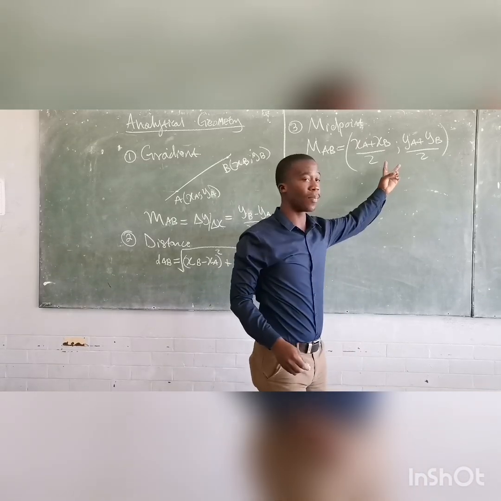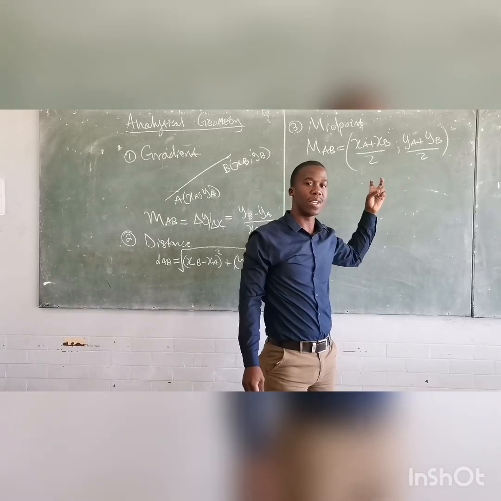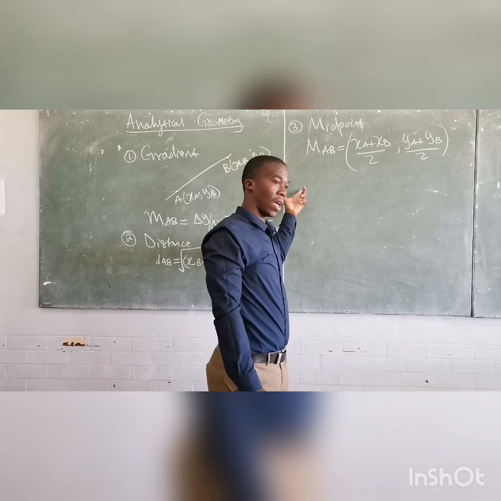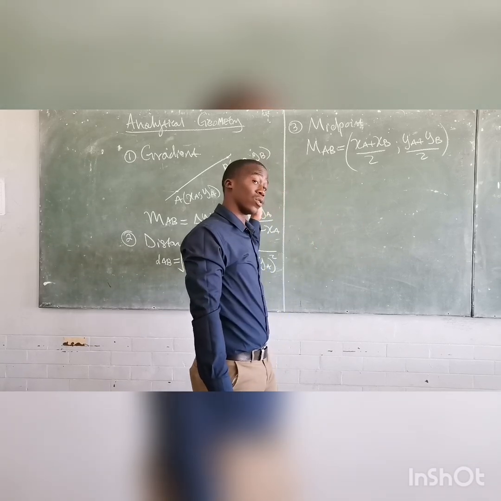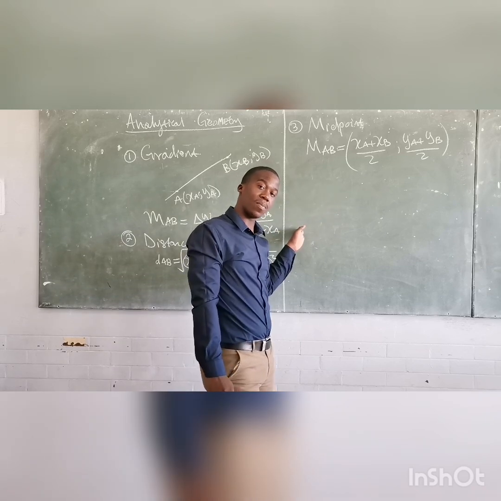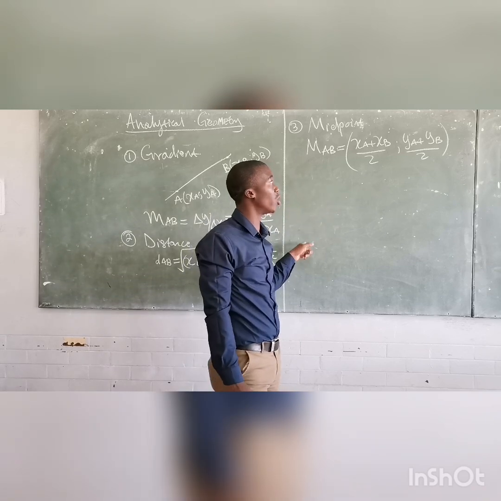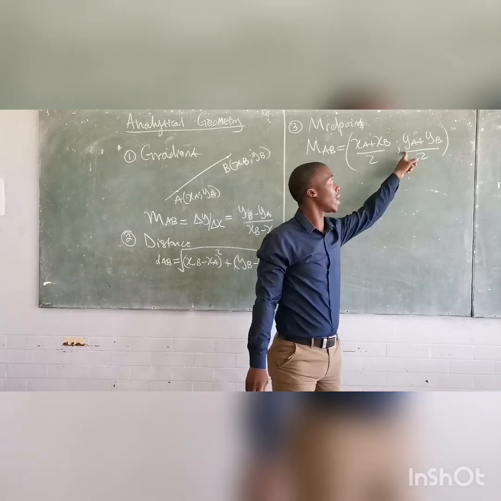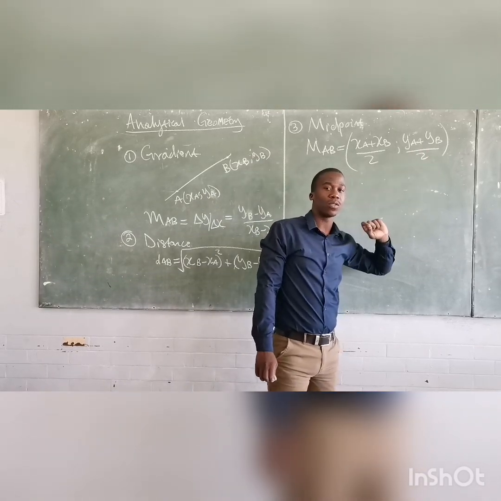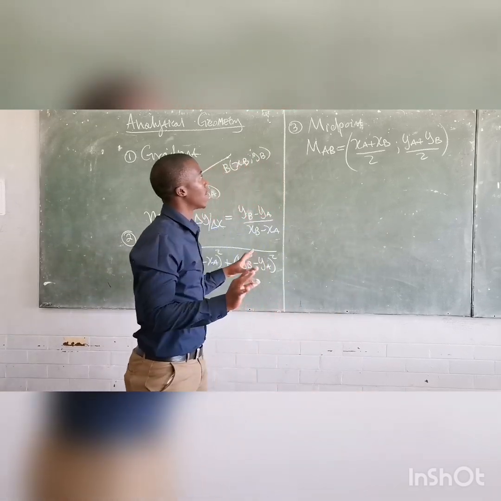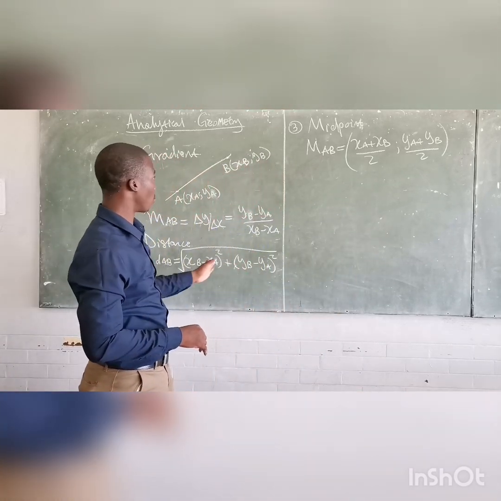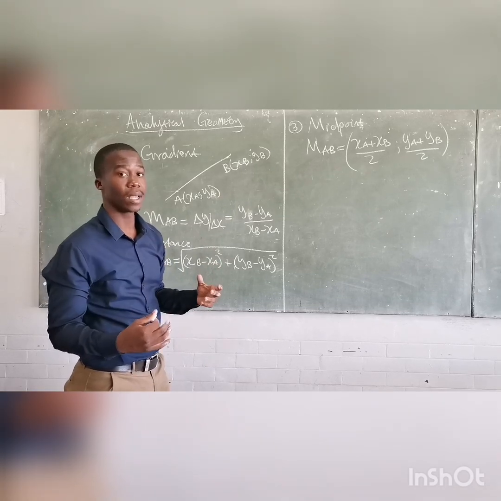So how do the coordinates of a midpoint come out? You take xA plus xB divided by 2 and that gives the x value of the midpoint, and yA plus yB divided by 2 gives the y value of your midpoint. So I think these are the basic formulas you must know.